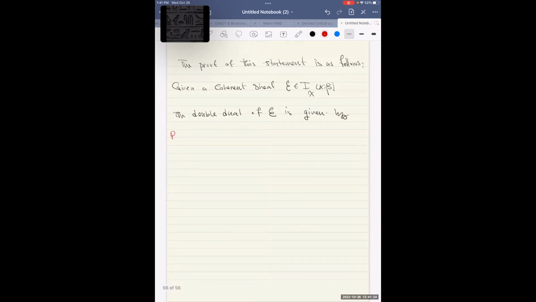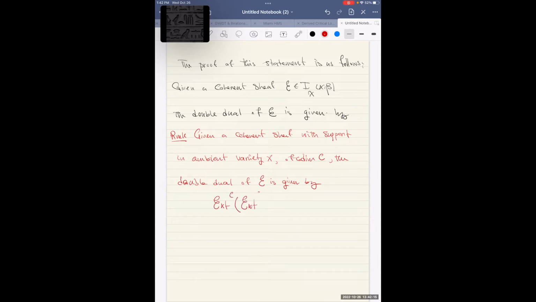So remark: given a coherent sheaf with support in ambient variety X of codimension c, the double dual of E is given by Ext^c of E with respect to O_X.